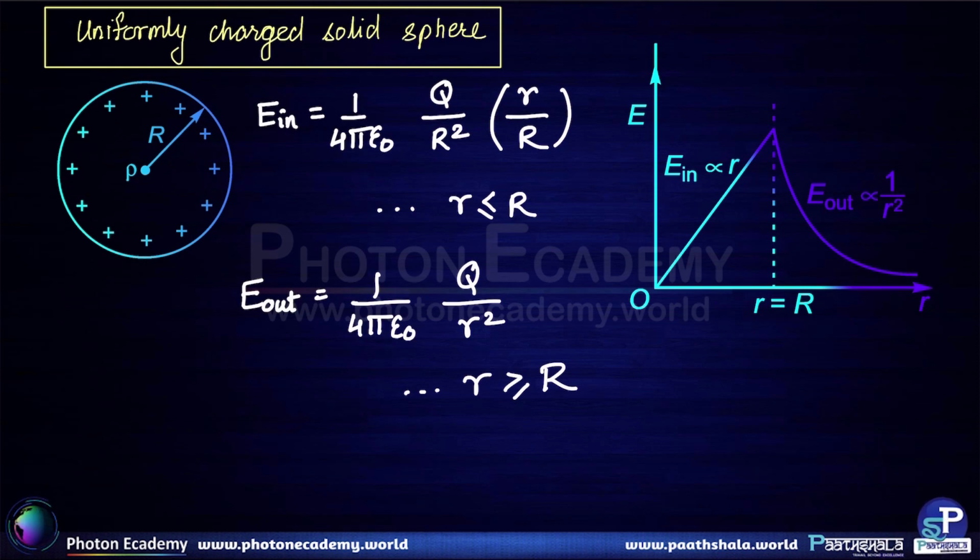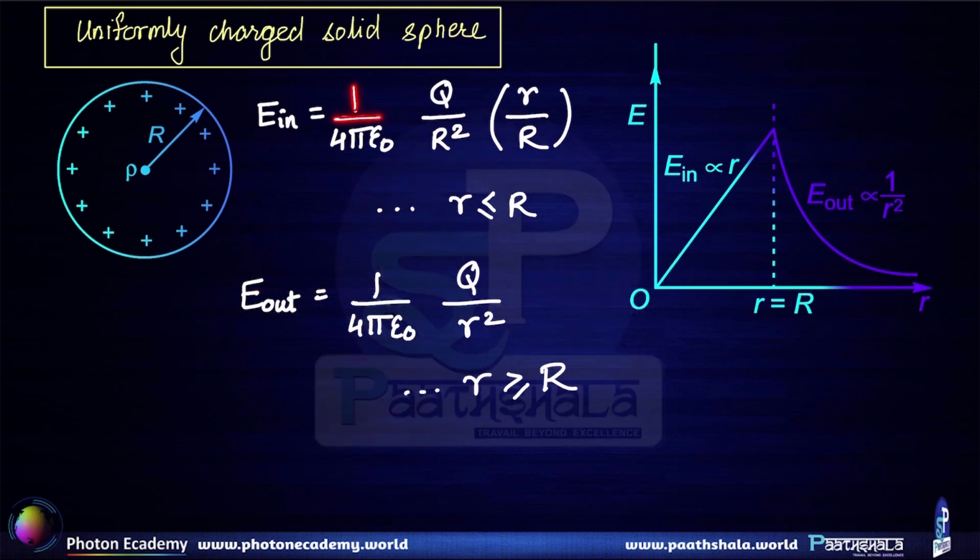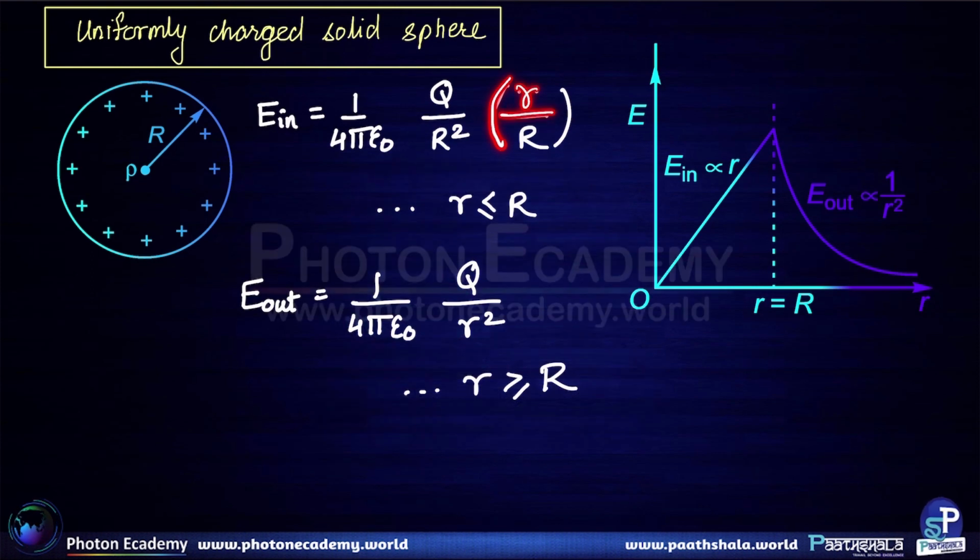For points inside the sphere, we have written down this electric field in a very easy to remember manner. It is 1 upon 4 pi epsilon naught, Q divided by R square, which is the electric field at the edge, into r upon R, where small r is the variable distance from the center. This would be small r, and capital R happens to be the radius.